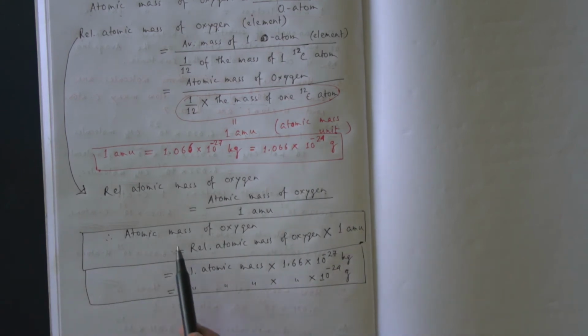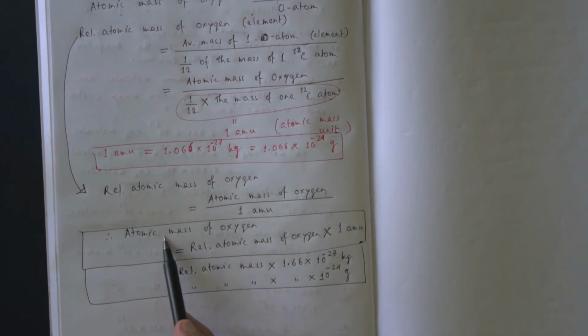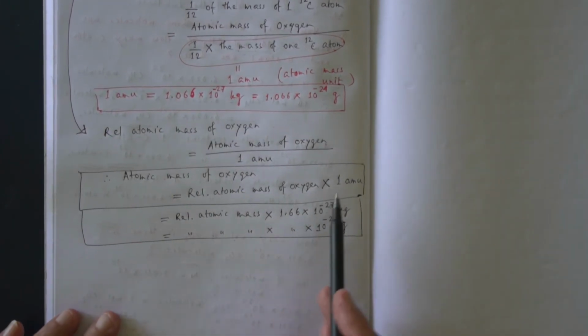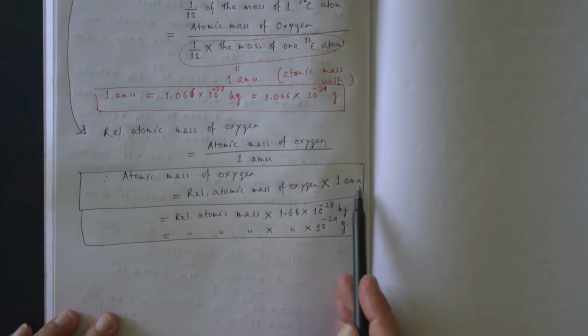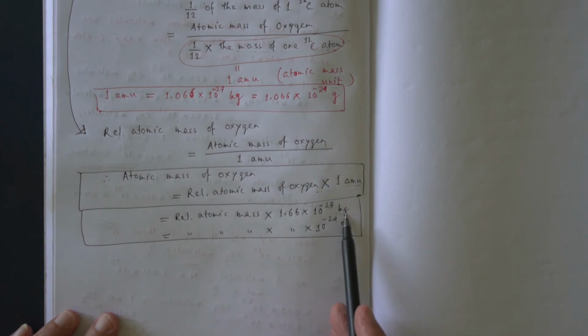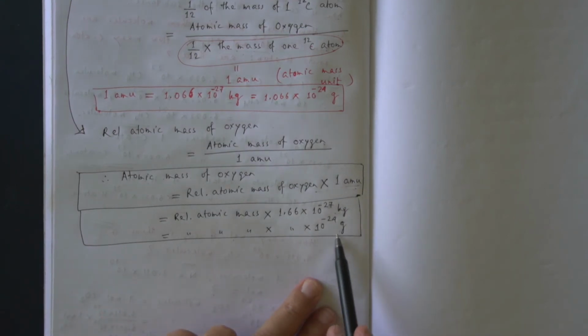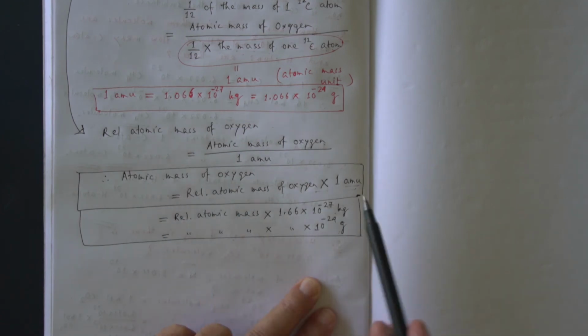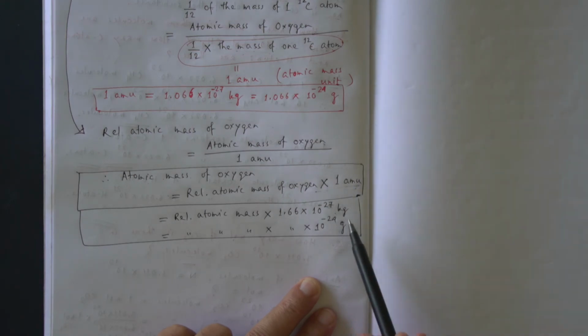That means atomic mass can be written as AMU, kg or gram.